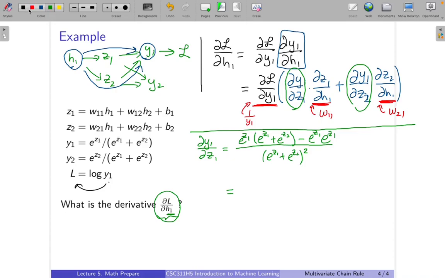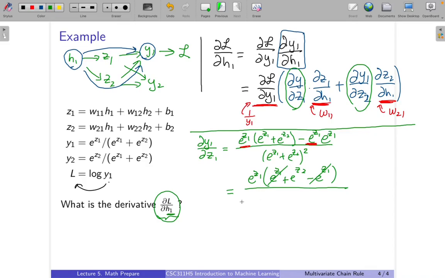I'm going to pull e to the z1 out, and then I've got e to the z1 plus e to the z2 minus e to the z1 at the top. These two parts cancel out.